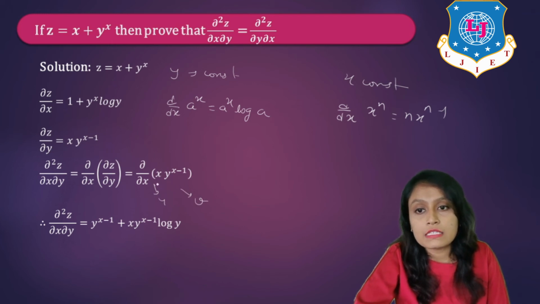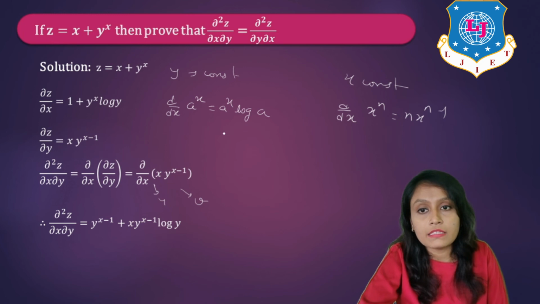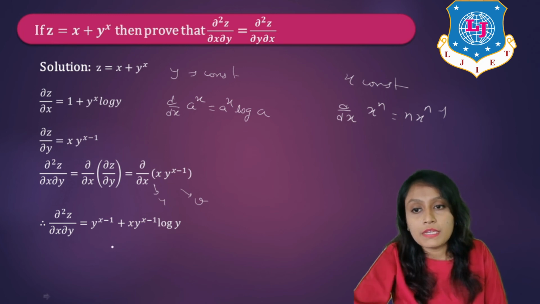Firstly this y raised to x minus 1 is kept as it is, derivative of x, that is 1, plus x as it is and derivative of y raised to x minus 1 with respect to x. So it will become y raised to x minus 1 into log y. Okay, we have applied this formula. Now we will simplify this. So the final answer of del square z by del x del y is y raised to x minus 1 taken common. So it is y raised to x minus 1 into 1 plus x log y.